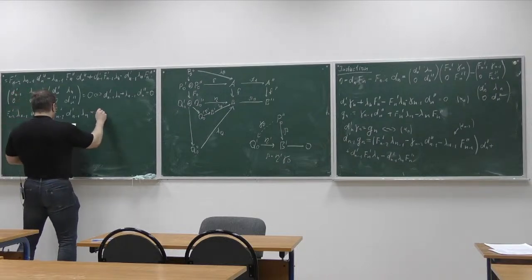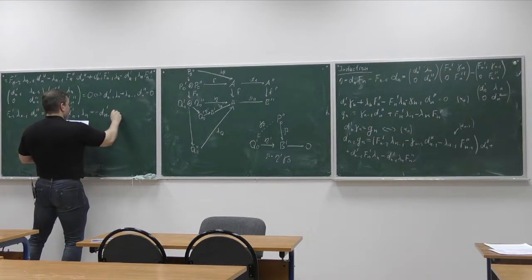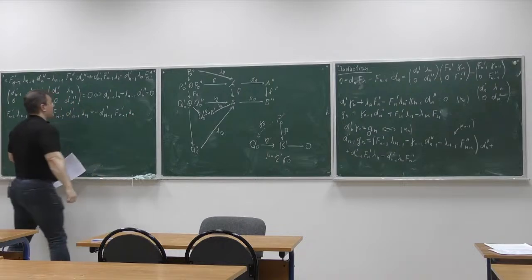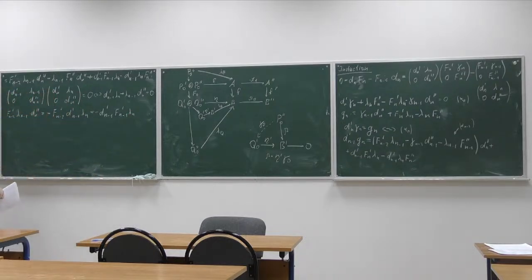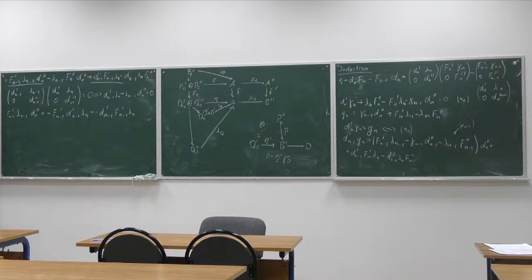It will be minus d_{n-1}' f_{n-1}' lambda_n. Okay, so now I can see that I can cancel the first term with the third term. And then do essentially the same computation for the second term, and I see that I can cancel it with the fourth term. So this thing is 0.